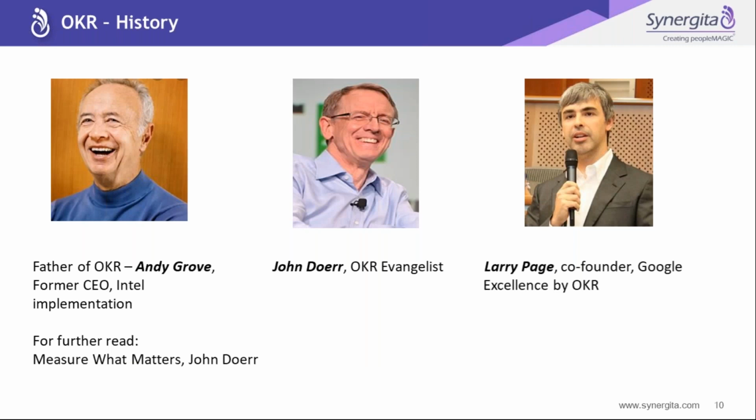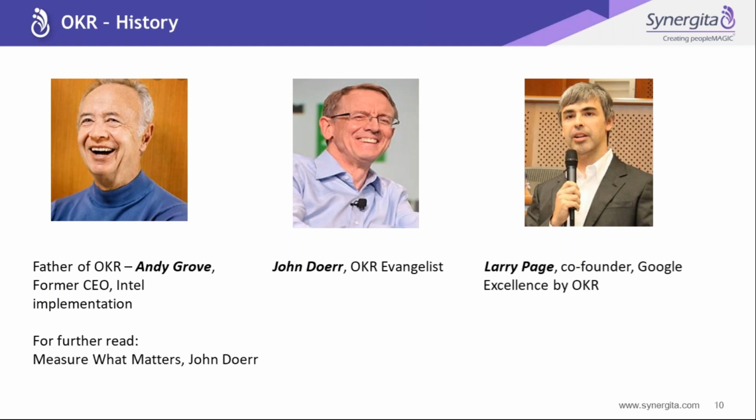So let us be introduced to some interesting personalities with regard to OKR. We have Andy Grove, the father of OKR, the former CEO of Intel Corporation. He created this entire OKR theory and started spreading it across the organization.